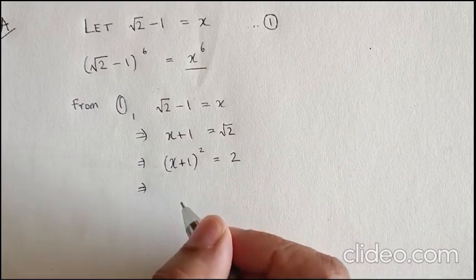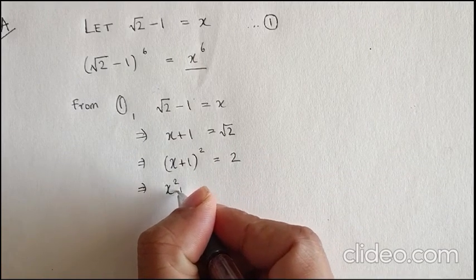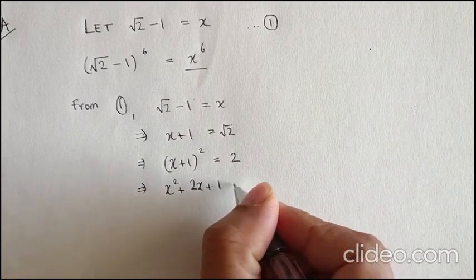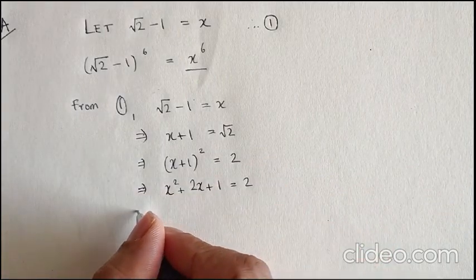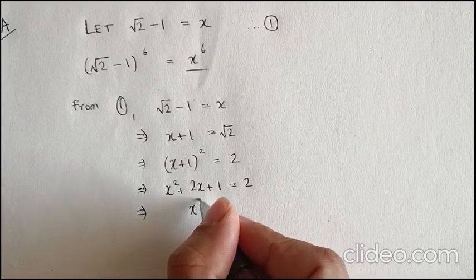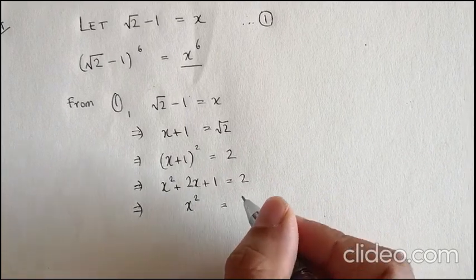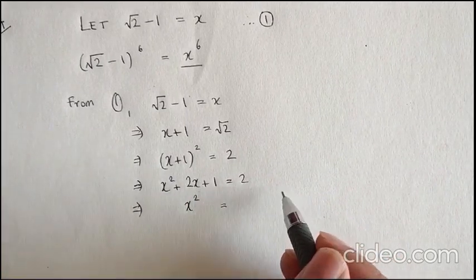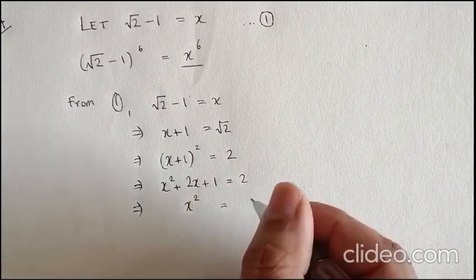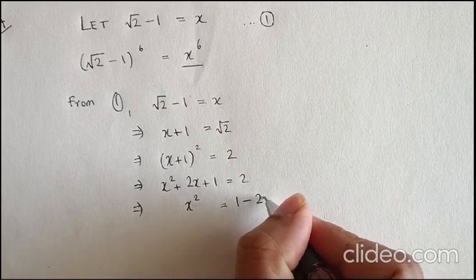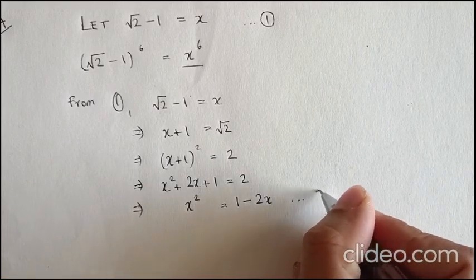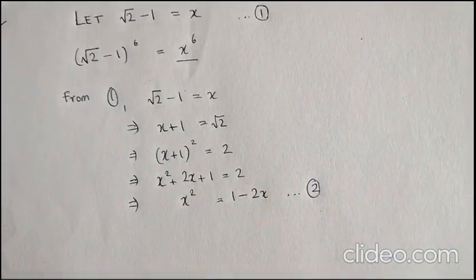So expanding this becomes x squared plus 2x plus 1 is equal to 2, which means x squared is equal to, so we just bring the 2x to this side and the 2 minus 1, so that becomes 1 minus 2x. This is our equation 2, right?